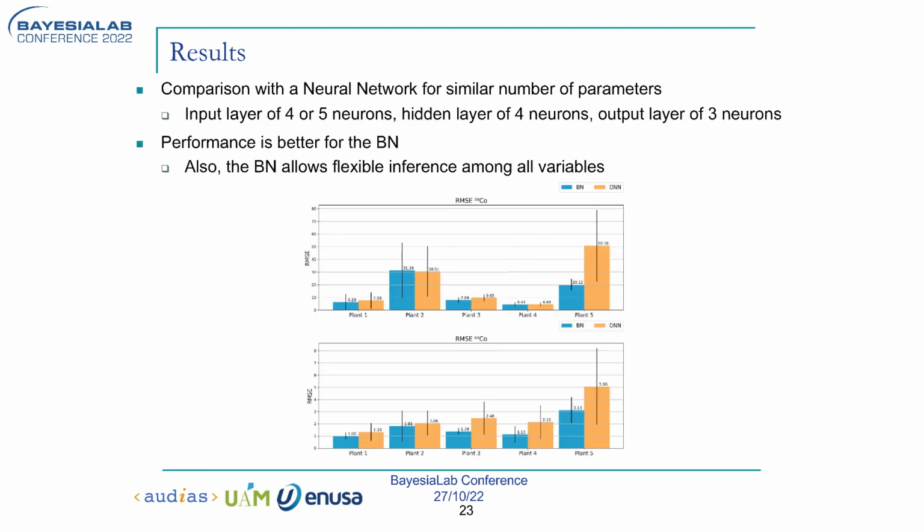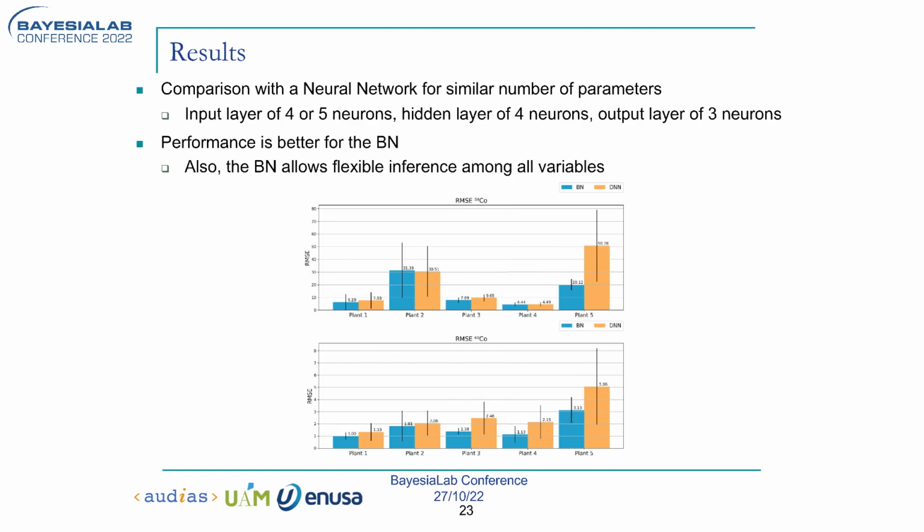Finally, we decided to compare our Bayesian network with another algorithm that is very popular right now, neural networks, which are used in many applications, in order to check whether our Bayesian network is a good solution compared to just using a neural network, which would be a very straightforward and evident solution because of the popularity of the algorithm.